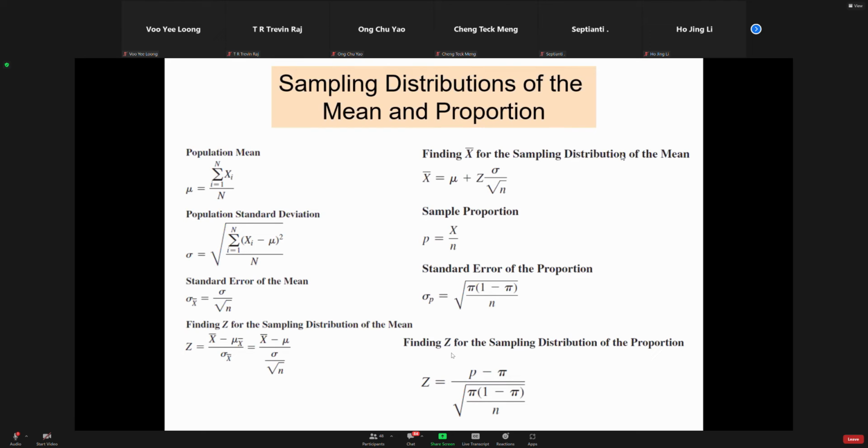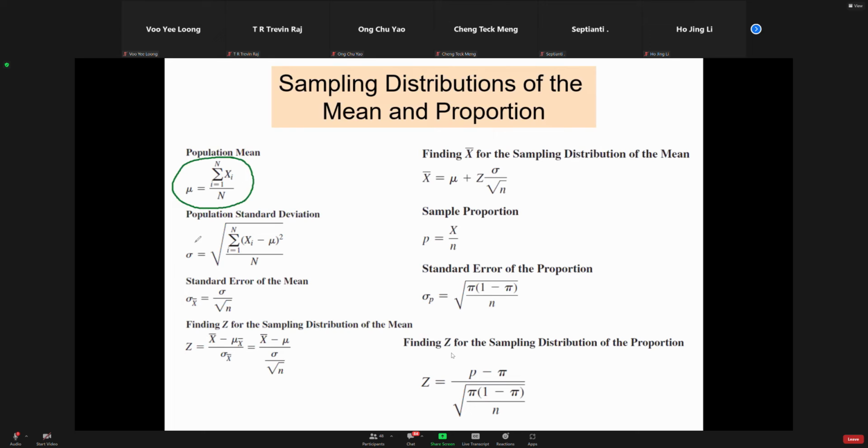The next topic is about the sampling distributions of the mean and proportion. Here we are talking about the population. The formula for the population mean uses the symbol mu.